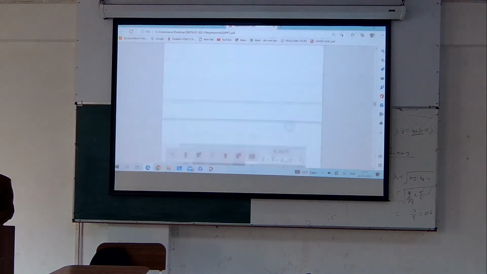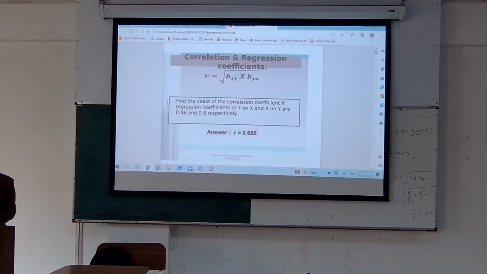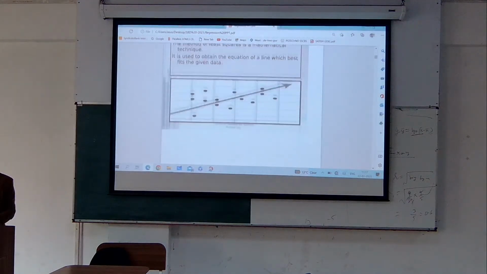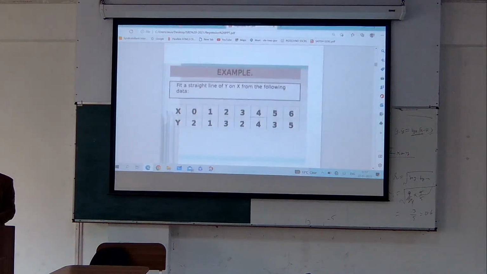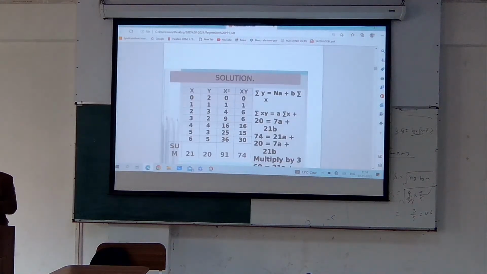Further you can see there are more examples also. So this I already told you. Suppose this is another example and you have to find the regression line between x and y. If you have to do all the calculation, you just do x square, xy.